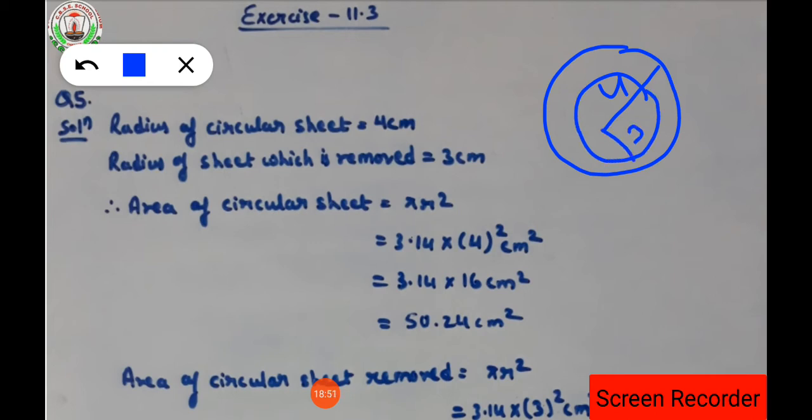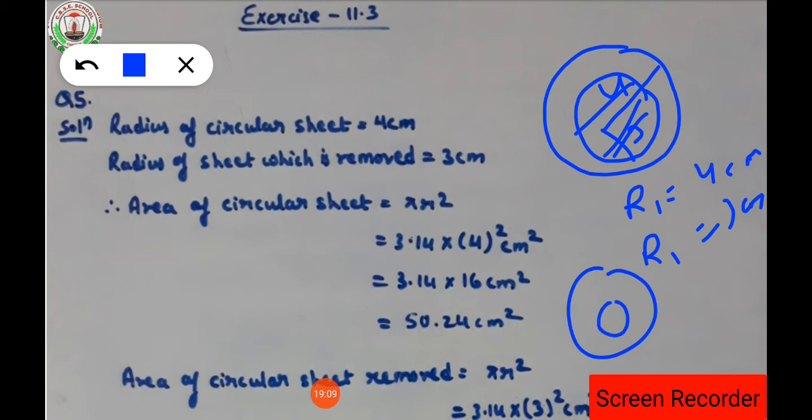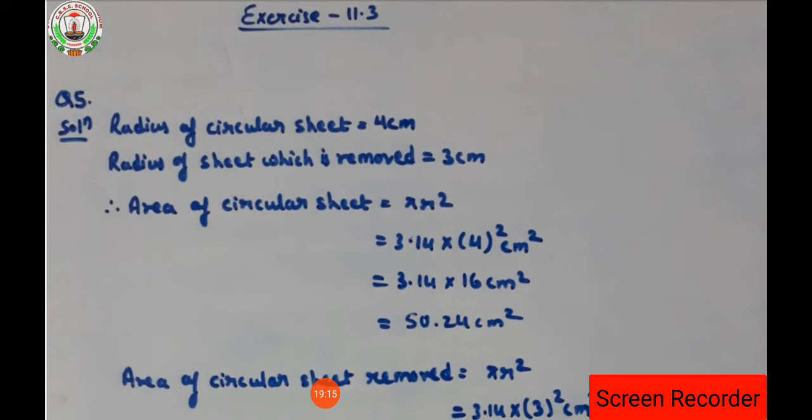So we are having 2 circles, one with radius 4 and a second with radius 3 centimeter. Clear? Then we are going to remove this inside circle so that the sheet becomes hollow. Then we have to find the remaining area when the 3 centimeter circle is removed.